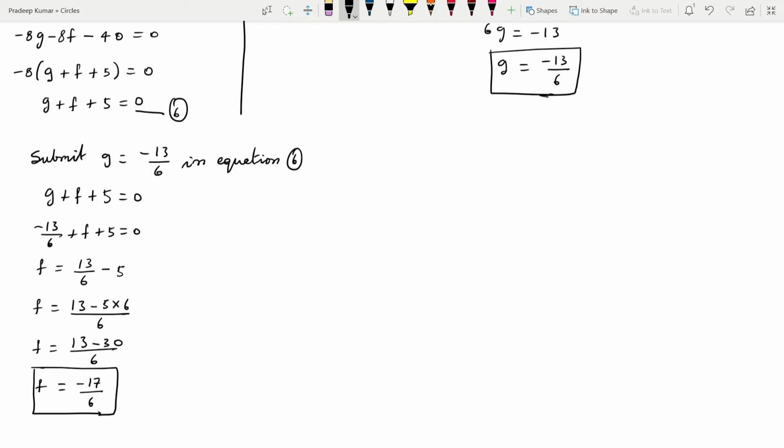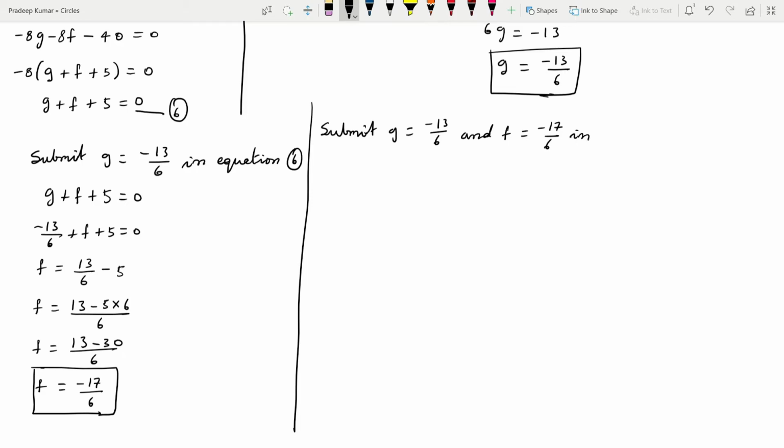So further, the g and f value I'll just substitute in equation number 4. So let's do that. So I'll just write here, substitute g equal to minus 13 by 6 and f equal to minus 17 by 6 in equation number 4. Okay, so equation 4: 8g plus 10f plus c plus 41 equal to 0.